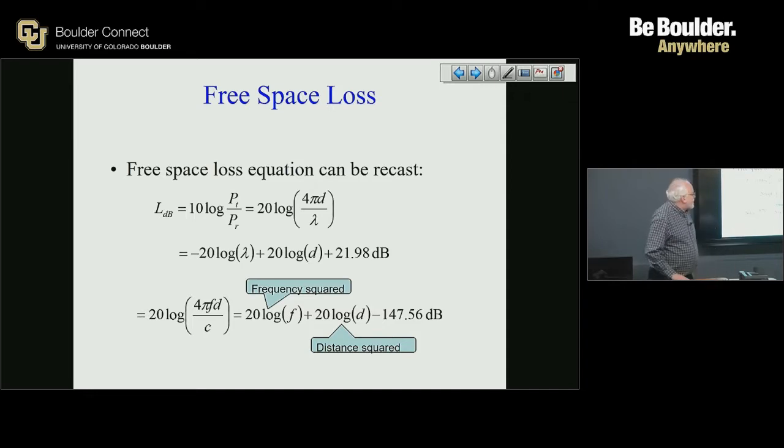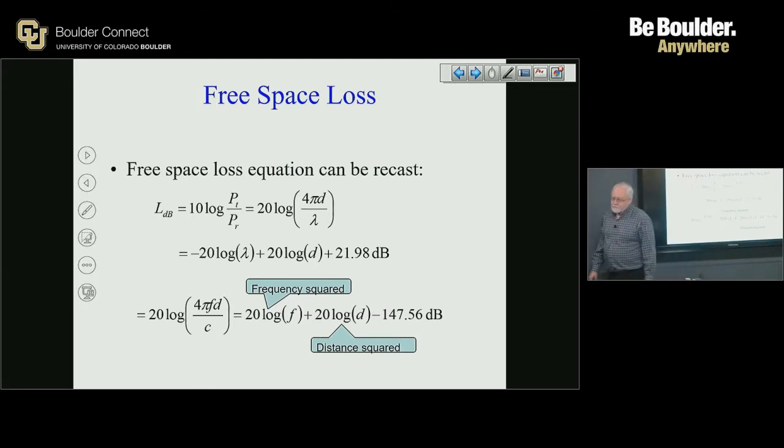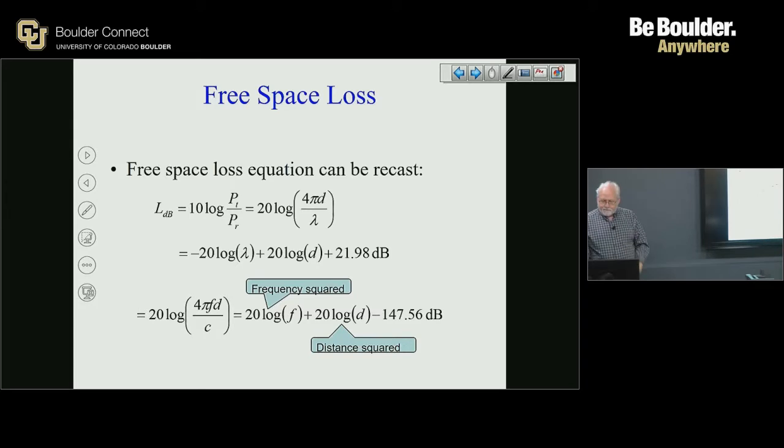So the coverage area for a 5 gigahertz access point isn't as big as for a 2.4 gig access point. It's the same transmit power and same antenna gain. We didn't put those terms in here, and you'll see those in a minute. But fundamentally, path loss is a function of frequency squared and distance squared in free space.